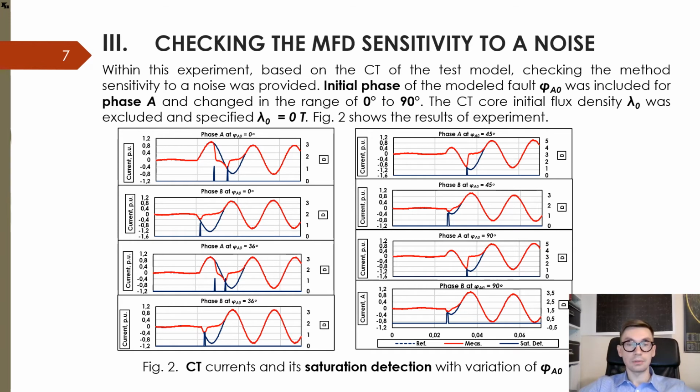As can be seen from the slide, it's possible to obtain a stable D value, represented by blue trigger lines, and these values correspond to the areas of saturation determined by the algorithm and the method, so it's possible to detect saturation and restore the signal.